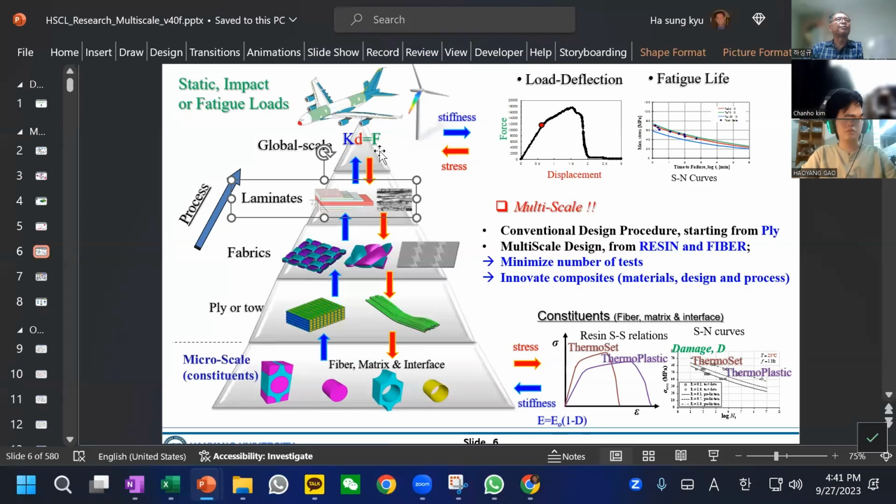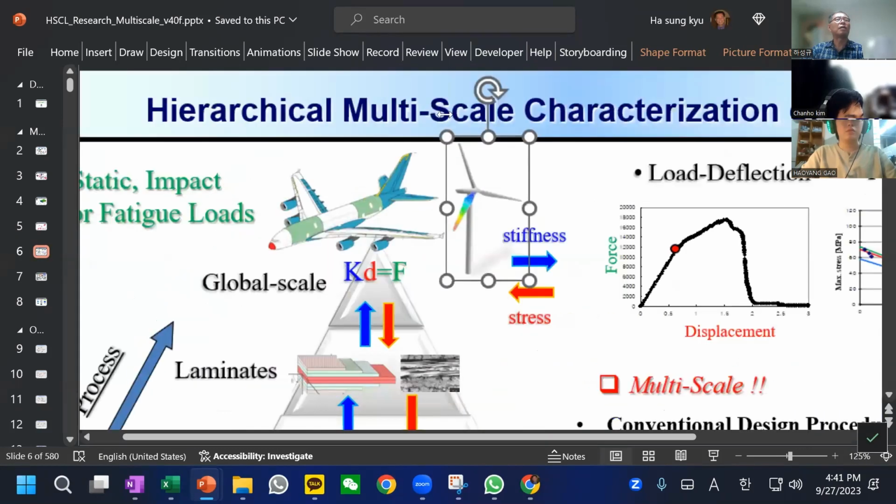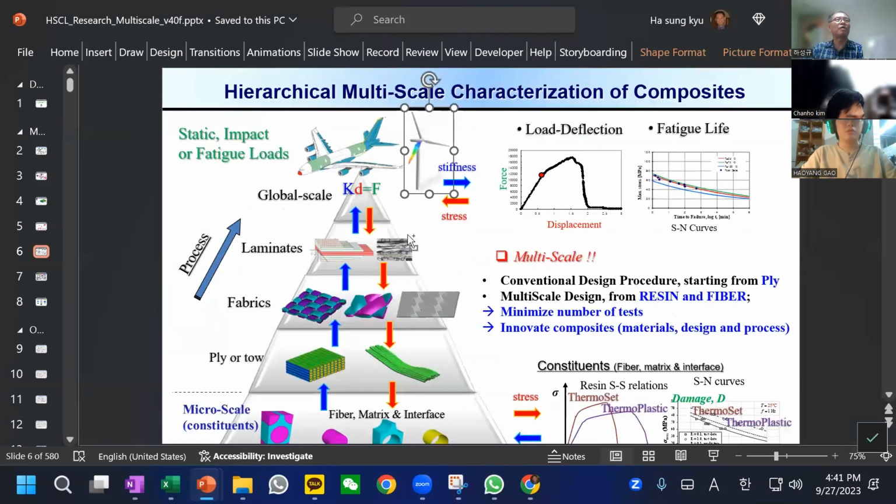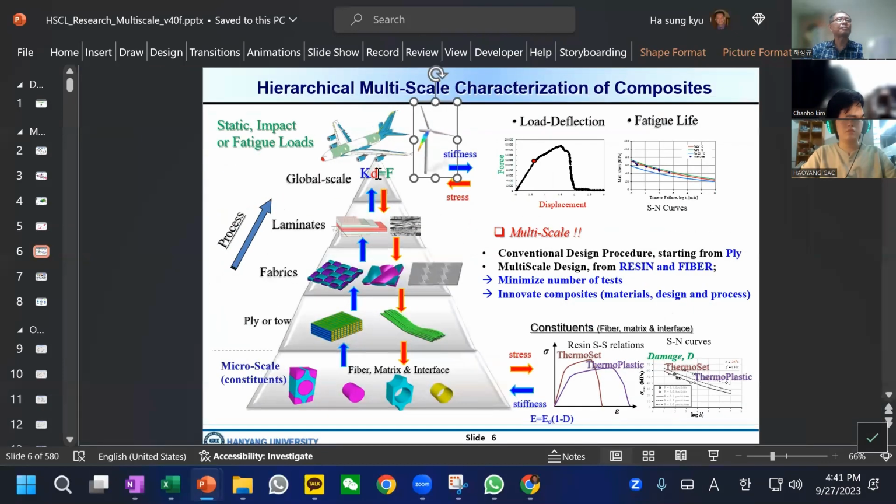temperature, a high stress will be developed. You can imagine how much stress will develop. And once we have a stress or load in each cross section, each stress will be carried by the laminate or carried by each fabric and ply. And imagine all the load is carried eventually by the fiber and resin and interface.